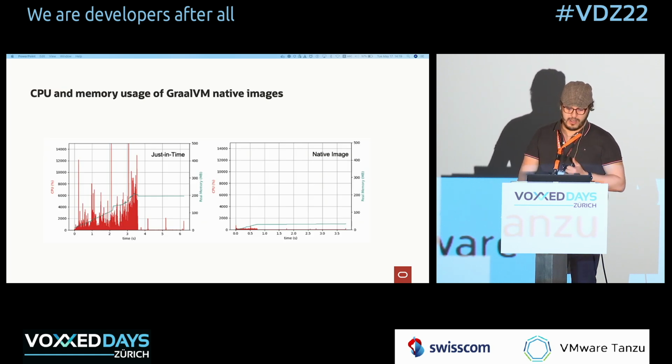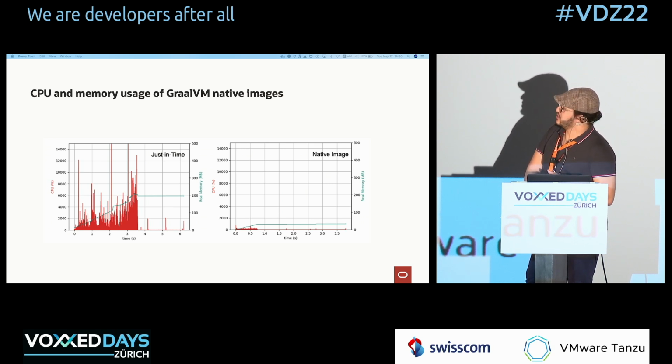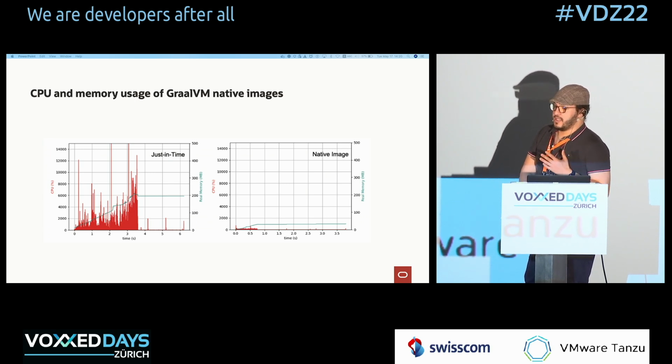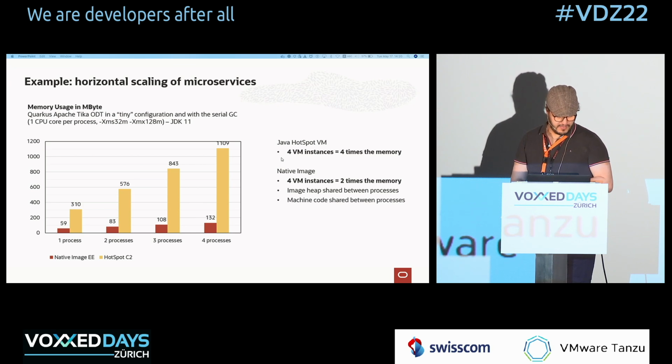From CPU and memory usage, the memory usage of native image is very, very low. So you will be X times faster, with smaller usage of CPU and memory, but that's clear because you're no longer using the JVM, right? And one problem with this is that you also don't get any extra optimization at runtime. And we'll look into that later on for those kinds of workloads.